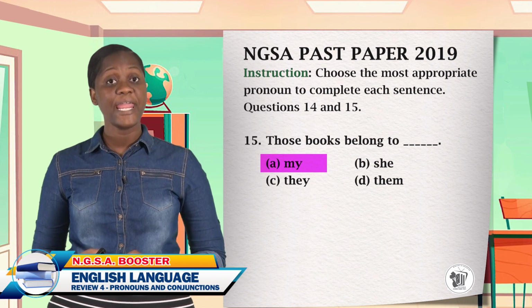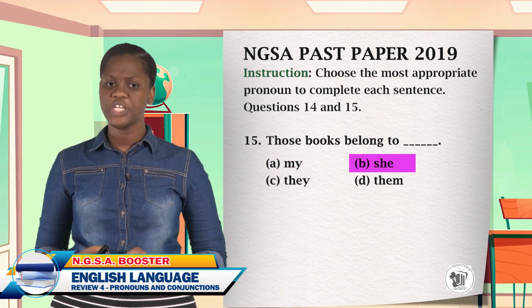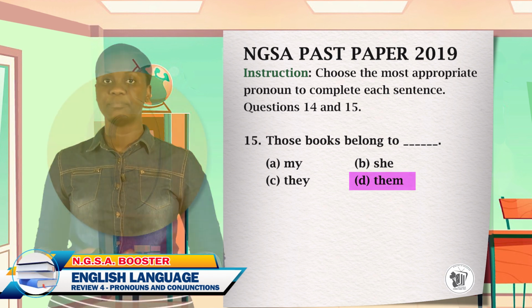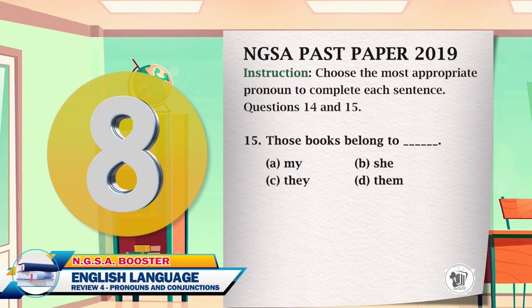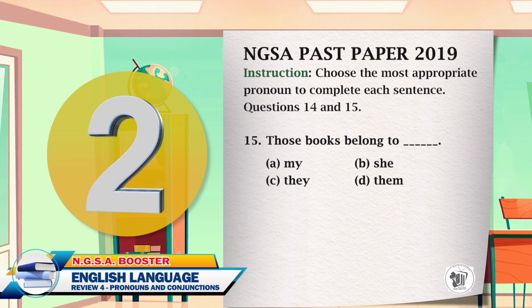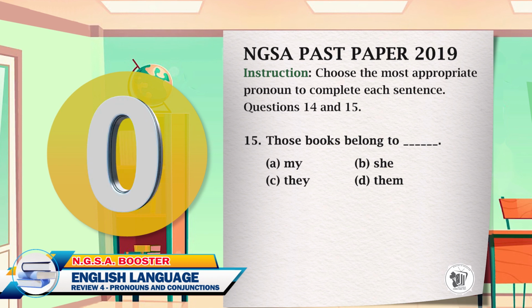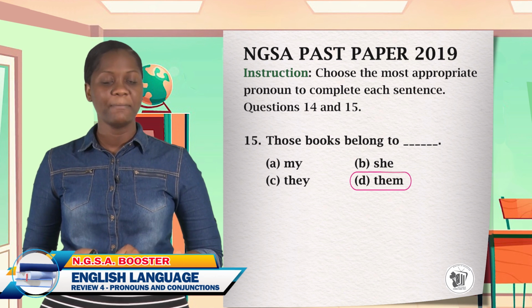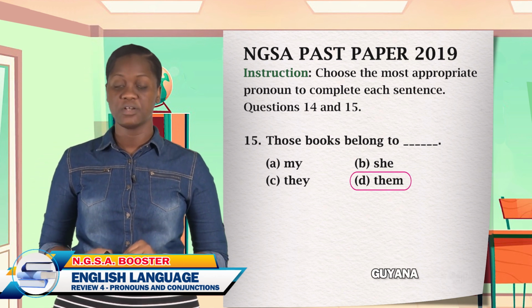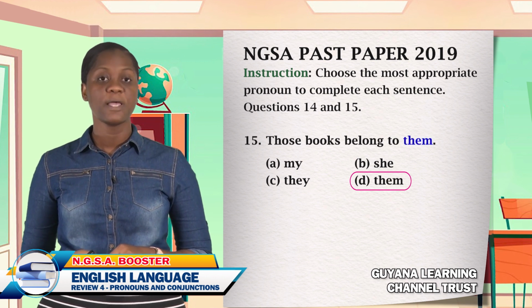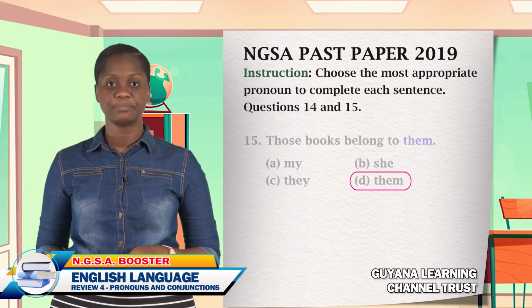We have A, my, B, she, C, they, and D, them. Definitely, D, them is the correct answer. So, the question would read, those books belong to them.